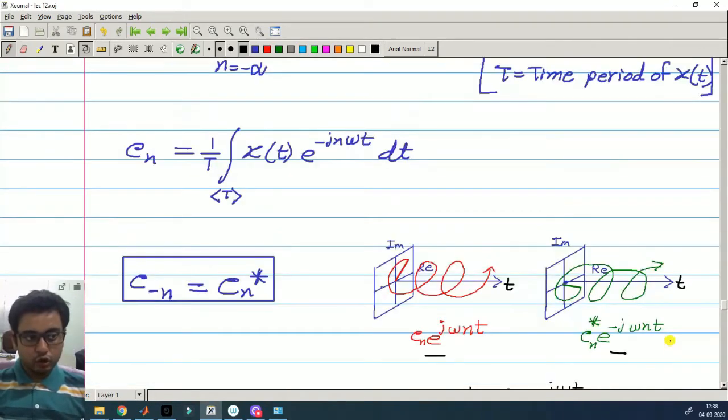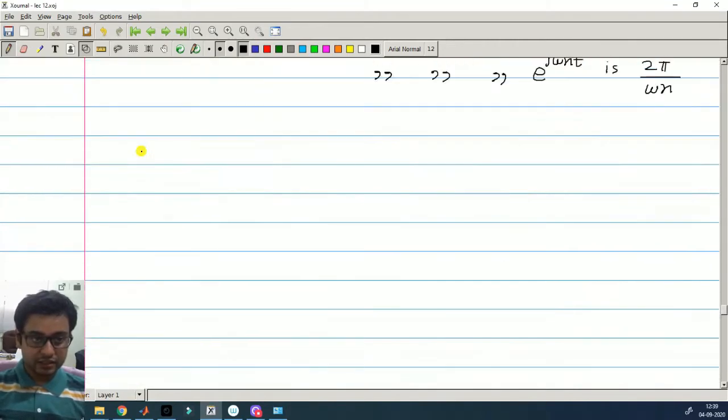Now, while deriving the formula for determining this coefficient Cn, we also saw a very interesting fact.